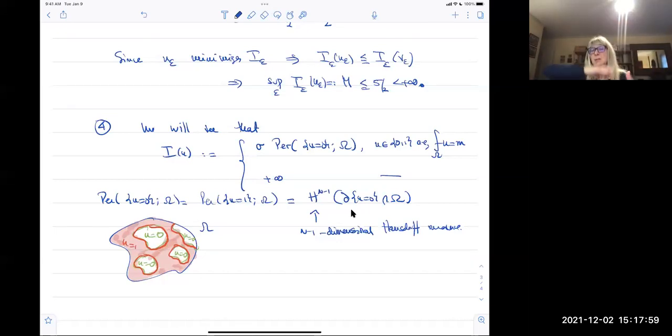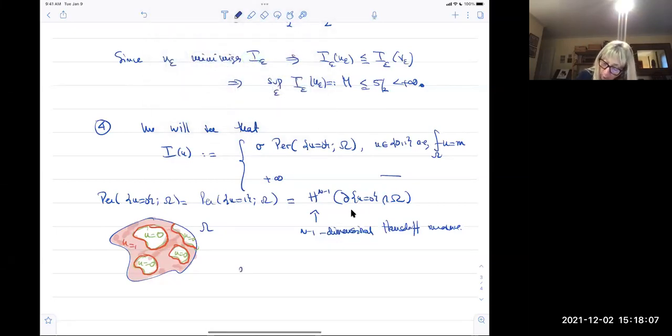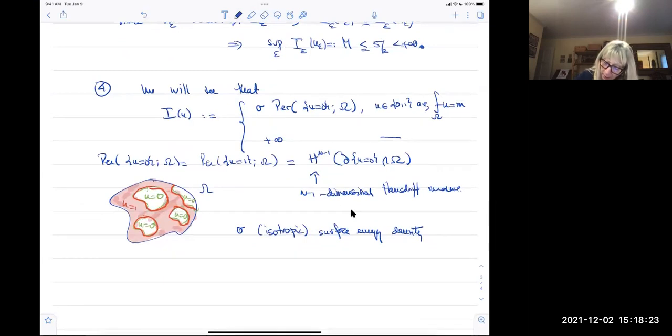If you are in R3, it's surface, and so on. Okay, and in addition to that, sigma here is what we call the isotropic surface energy density. It does not depend on the normal. And actually, we can calculate it explicitly. It's going to be twice the integral between 0 and 1 of the square root of W of s ds. But we'll see this. Right now, just trust me. Okay.